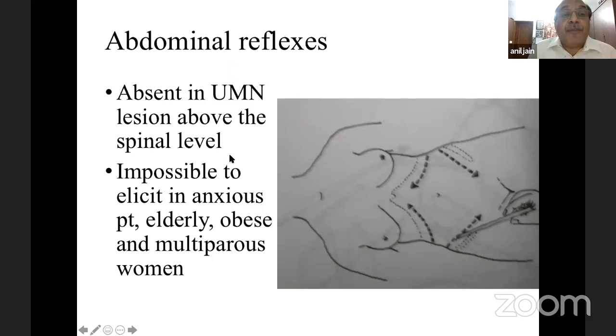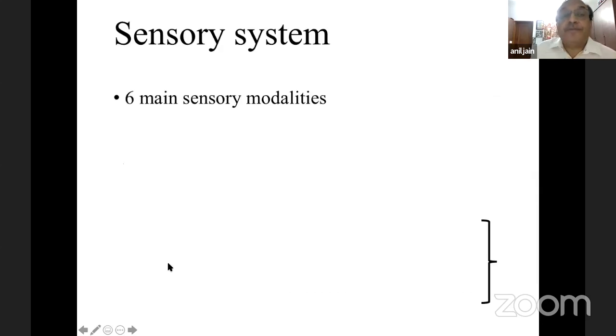It is absent in an upper motor neuron lesion above the spinal level. So if there is a D6 lesion, then these are absent. It is impossible to elicit in anxious patients, elderly patients, obese patients, and multiparous women.